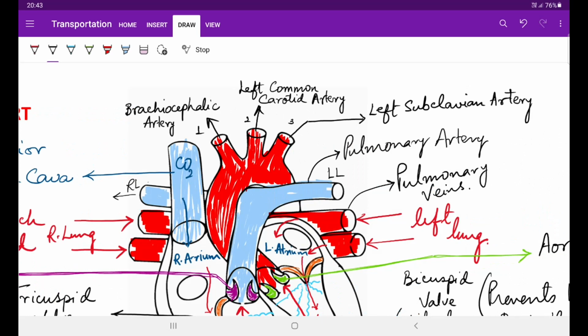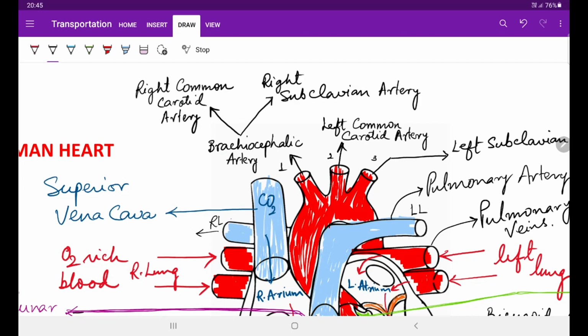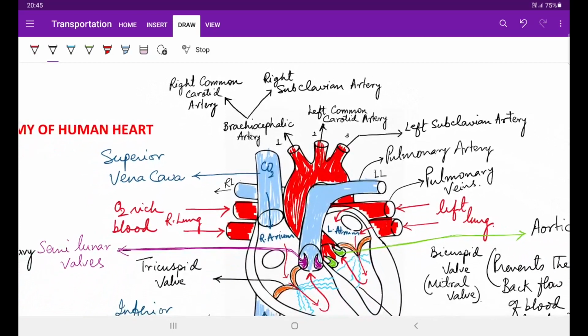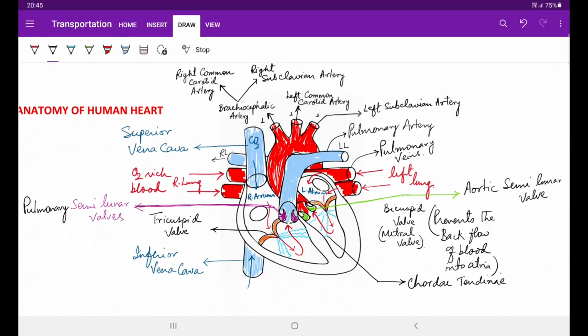Further, we will also see that the brachiocephalic artery again branches into two. The first branch of the brachiocephalic artery is the right common carotid artery, and the other branch is called the right subclavian artery. So, this is how the branching out of different blood vessels happens in the human heart.